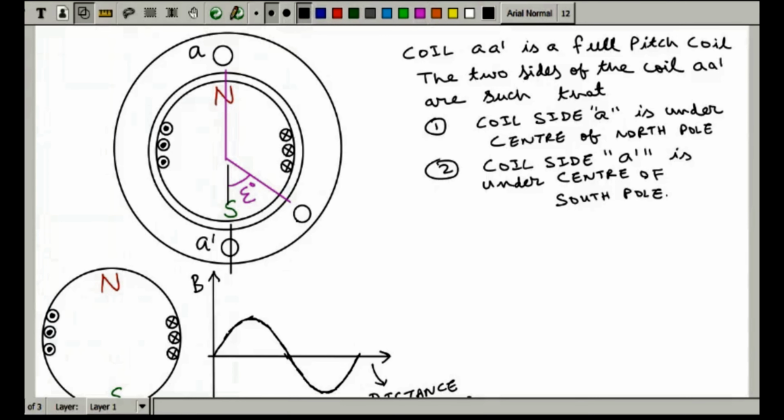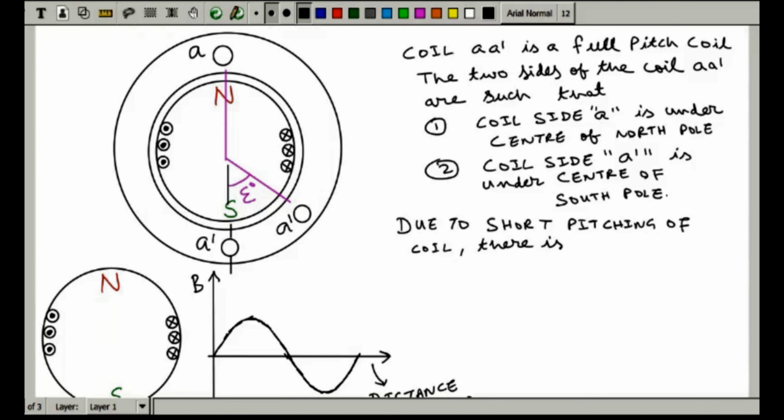So due to the short pitching of a coil, there is a reduction in induced EMF.